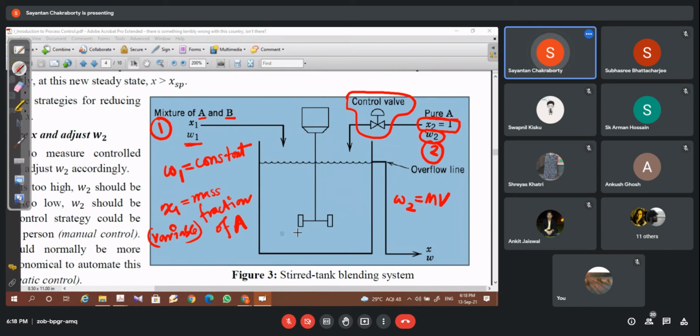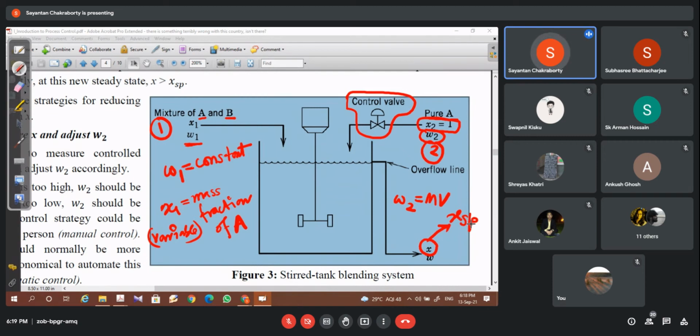Now what is our objective? Our objective is that the outlet mixture, which is obtained by this overflow line as soon as this tank overflows, should contain a mass fraction of X that is equal to XSP. That is the set point value.